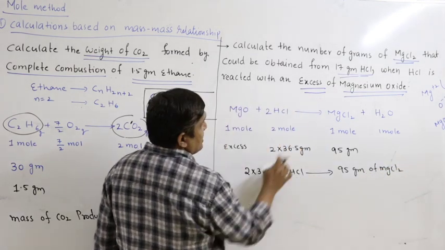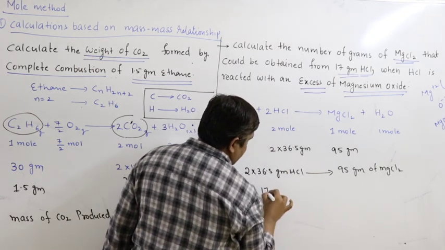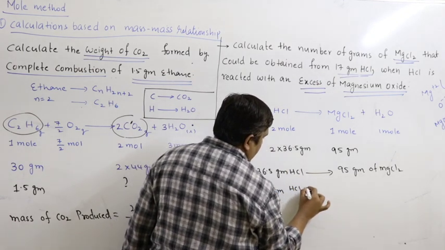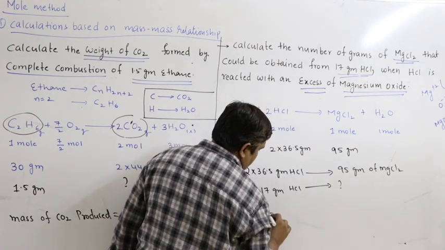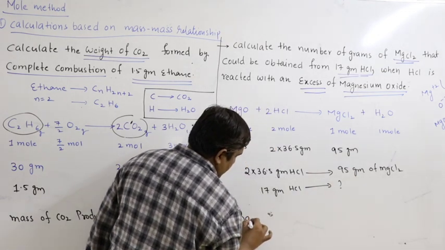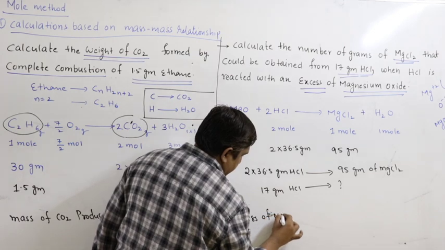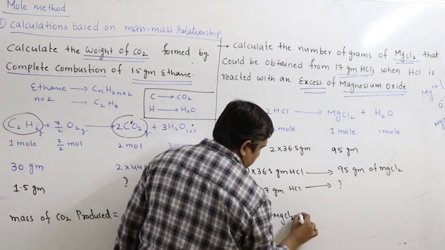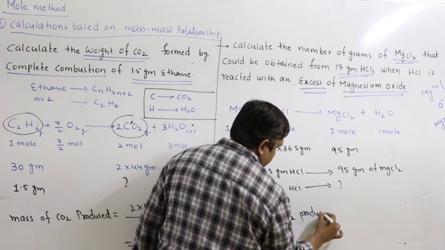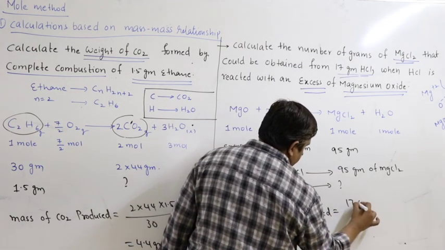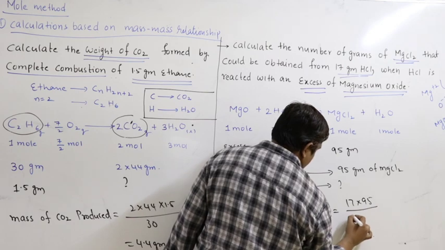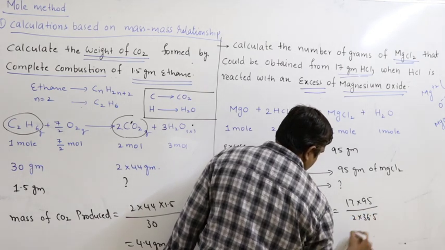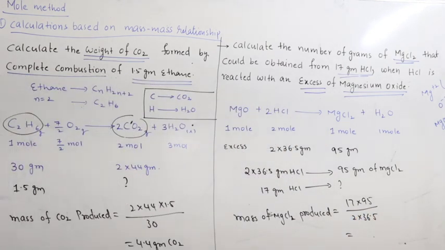But how many grams of HCl we have? Only 17 grams of HCl we have. So what I will get is around 22.12 grams.